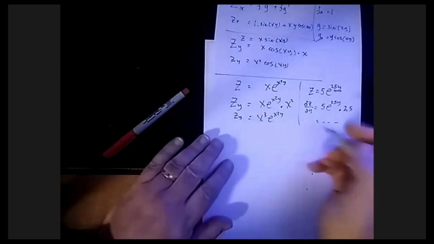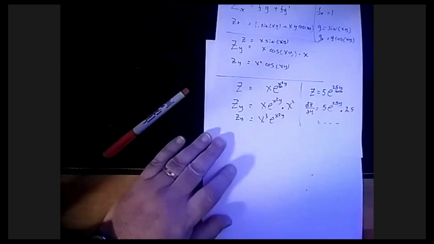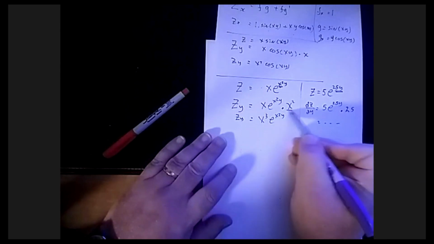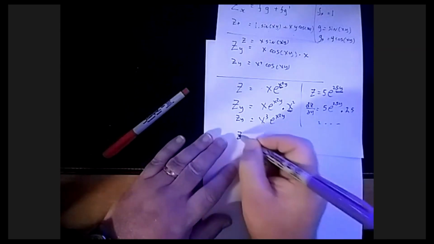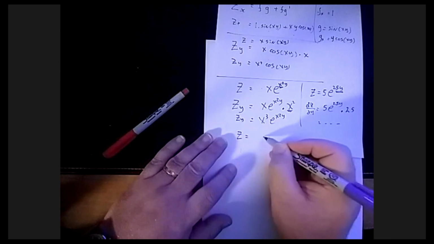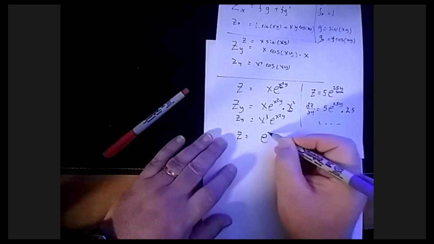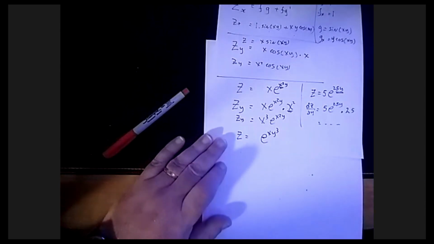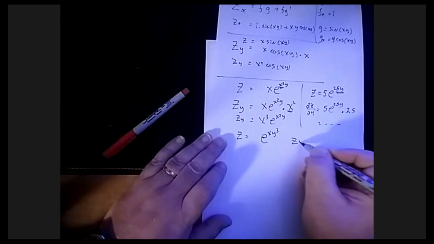But in case you're into the habit of, well, you really just have this extra bit added on and that's it. Here's a situation where that wouldn't work. Suppose I had to do e to the xy cubed, and I wanted to find that partial derivative.